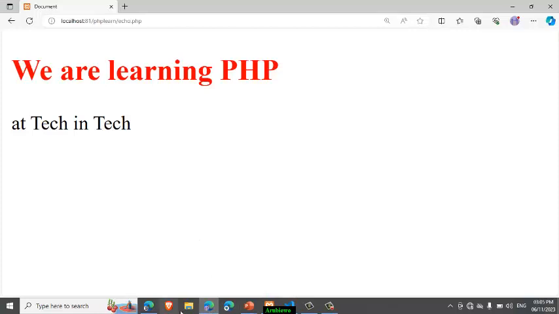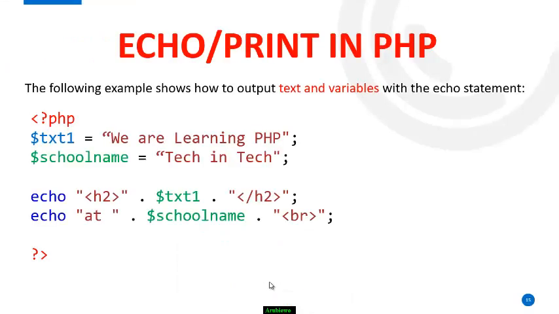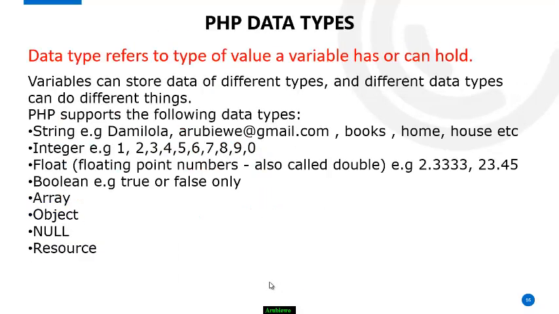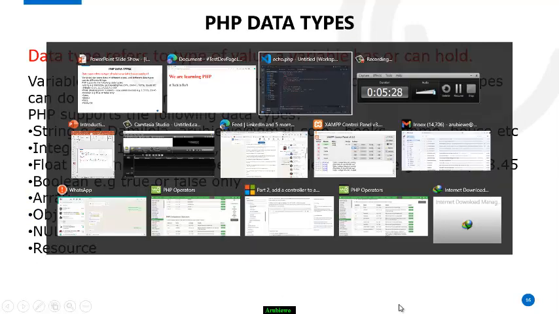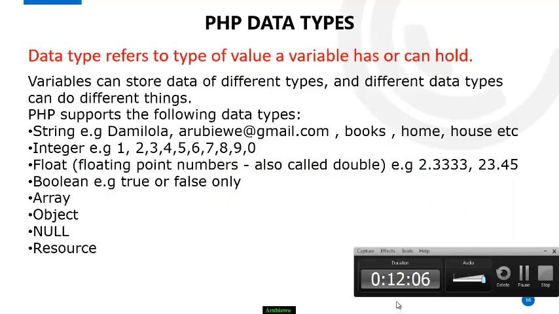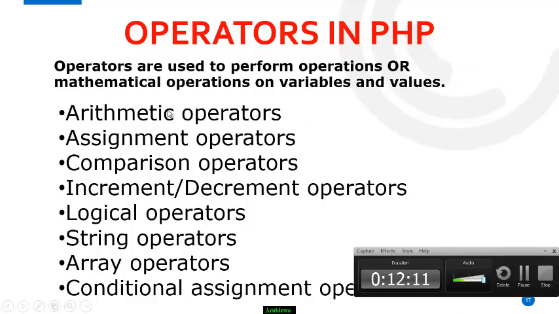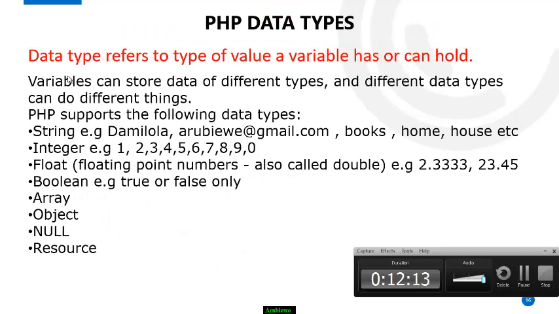Is that about that? So what are PHP data types? Data type refers to the type of value a variable has or can hold.